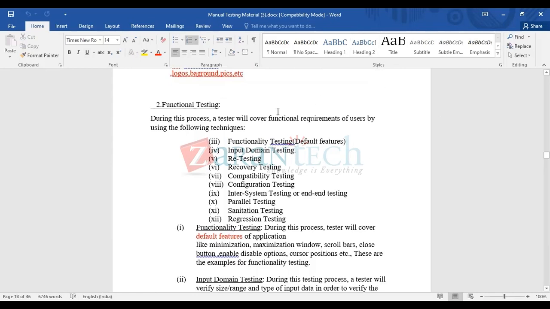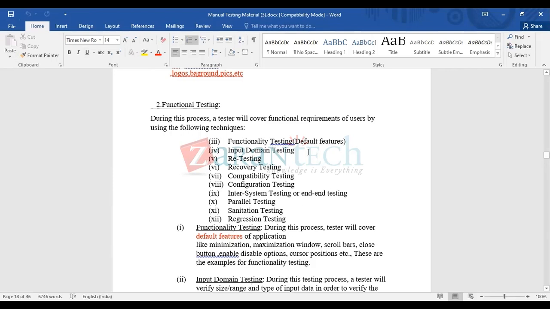Then we entered into functional testing yesterday. Under functional testing, this we have completed yesterday. I took MS Word as the example and explained the default features, like minimization, maximization, closing, refresh, and all. And then input domain testing also I explained.